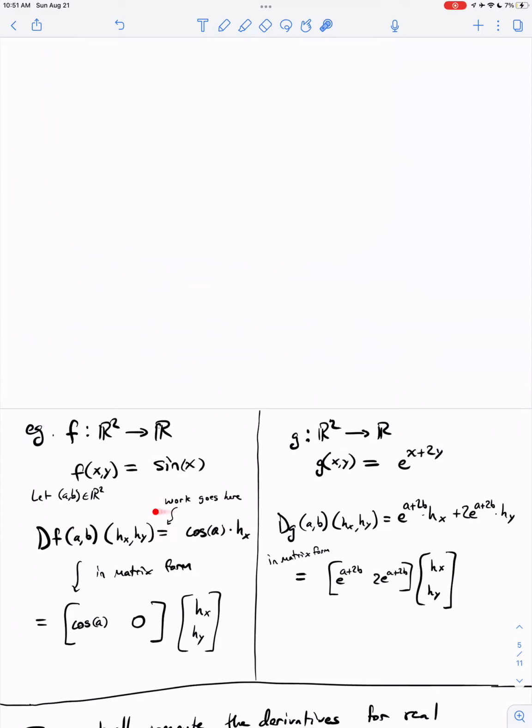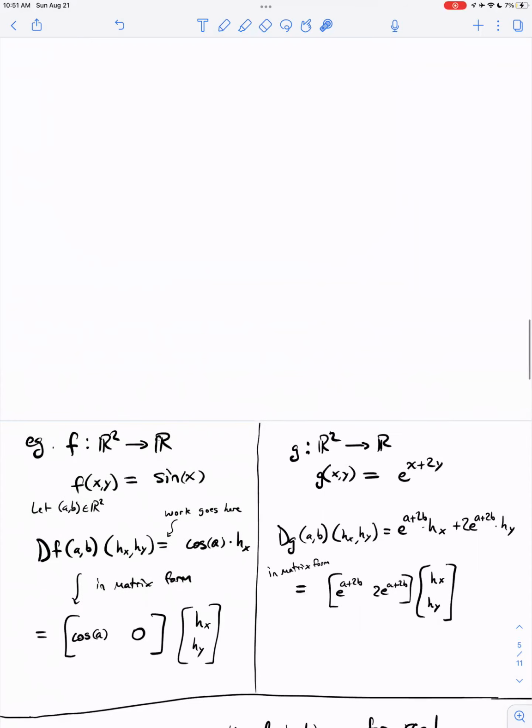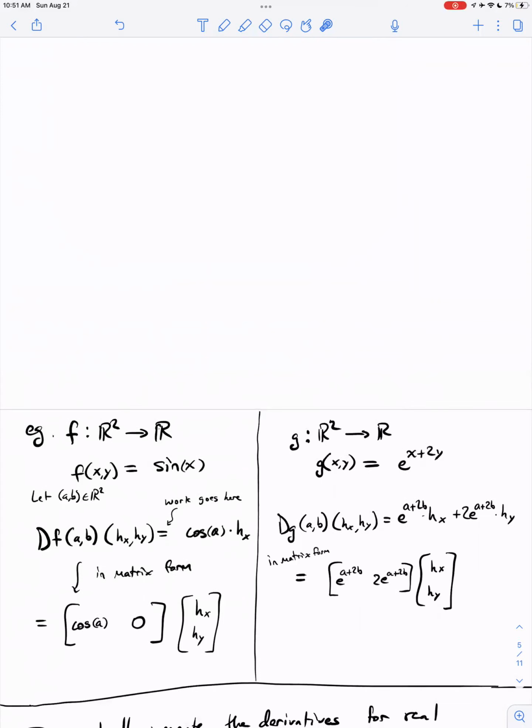If I put this linear function into that limit definition, I should end up with that limit going to 0, which is what I want. And no other function will work other than this one. That's also another theorem: the derivative is this unique linear transformation. There's only one derivative. Putting this in matrix form, you can write this as cosine of a times 0, times the hx, hy vector.